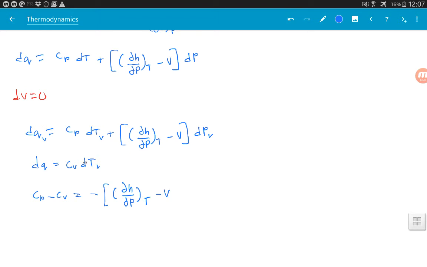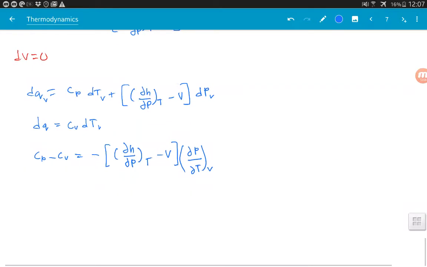I already differentiated directly with respect to dT because both of them have dT, and when I differentiate all of the equation with respect to temperature, we get this kind of form. So this is almost similar to what we obtained before.